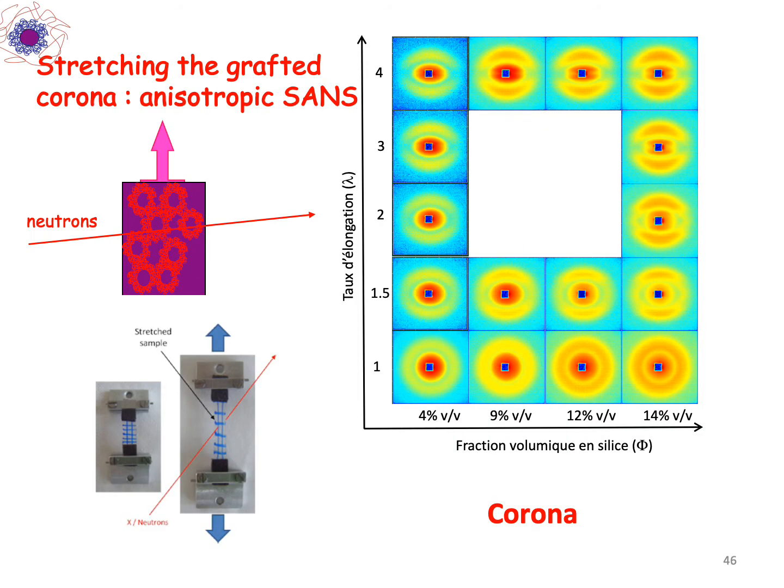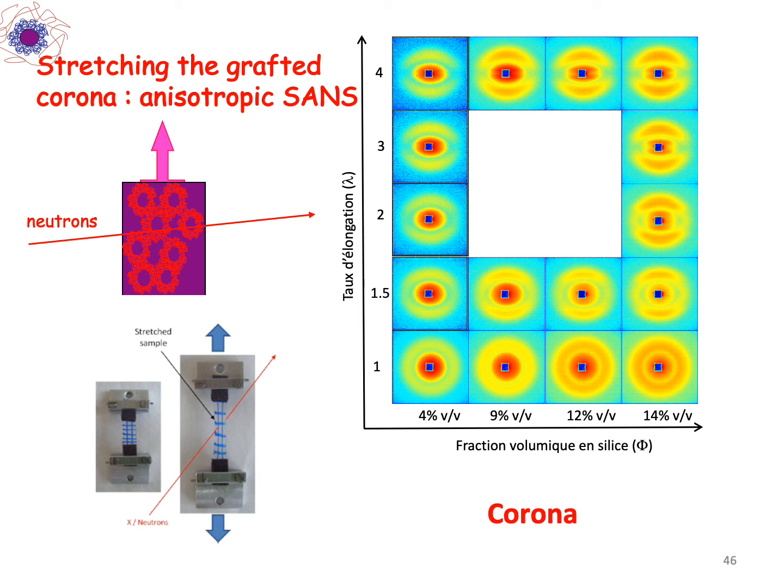So if now we stretch the film we have made, you see the different scattering patterns on the right-hand side figure. You see the variation along the horizontal axis as a function of increasing the silica fraction, so the intensity is stronger and stronger, and you see its variation with the elongational ratio on the vertical axis, and you see that the anisotropy of these patterns is increasing.